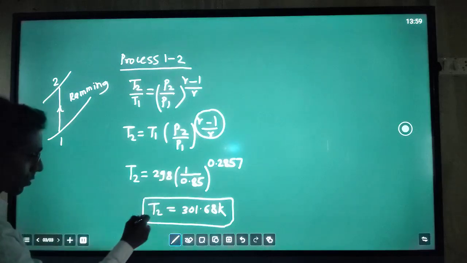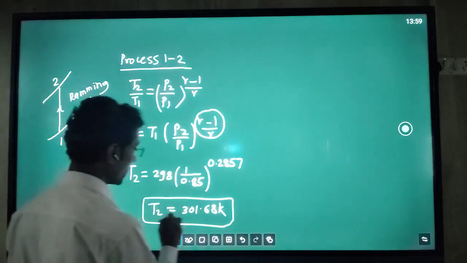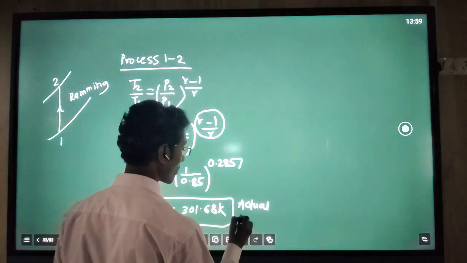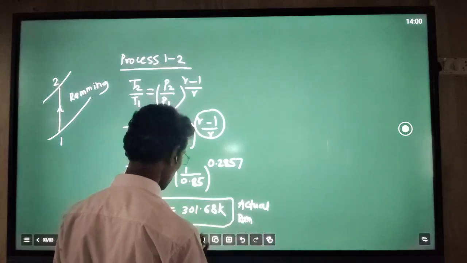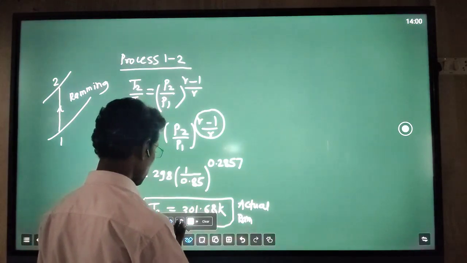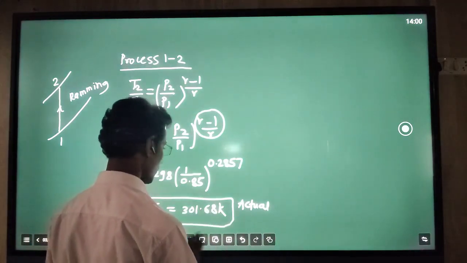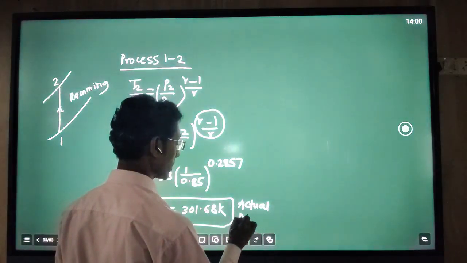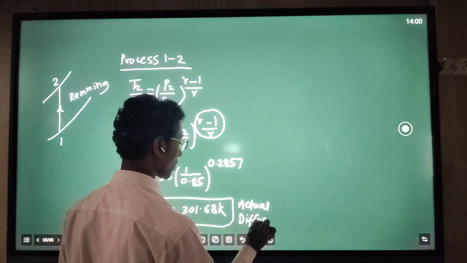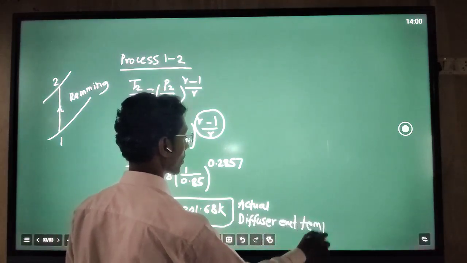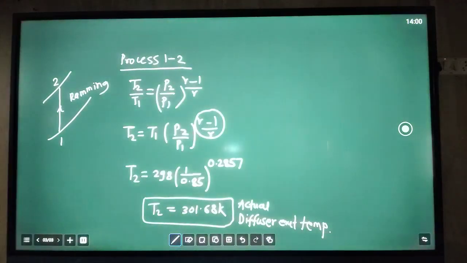By doing this calculation, we find the temperature T2, that is the actual temperature at the ram, or we can say diffuser exit. After the diffuser, this is the temperature that we get.